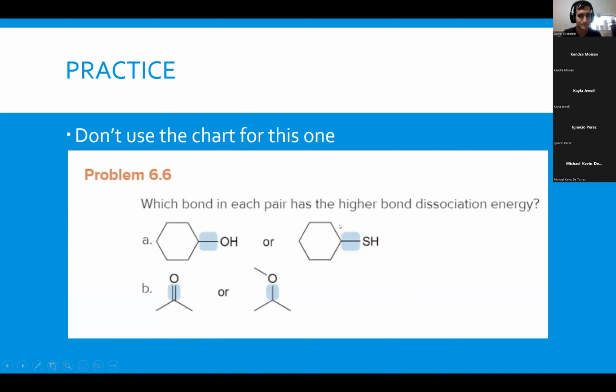All right, so here, which has the higher dissociation energy? In A, just do A. A or B?